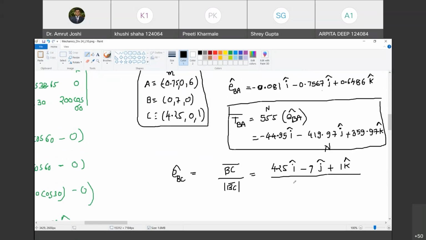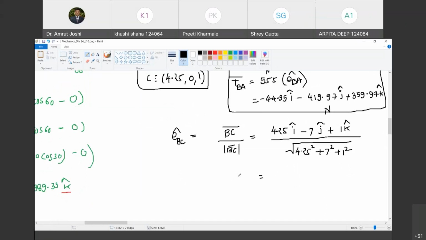What is the magnitude of vector BC? So I will have to take the square root of 4.25 square plus 7 square plus 1 square. And now tell me what is EBC cap? So let us try to calculate this.